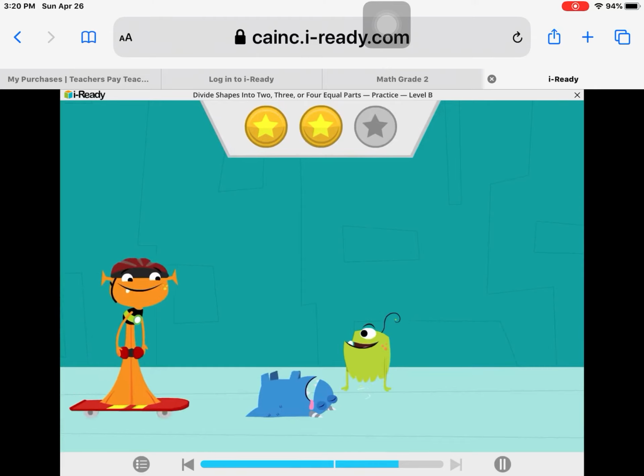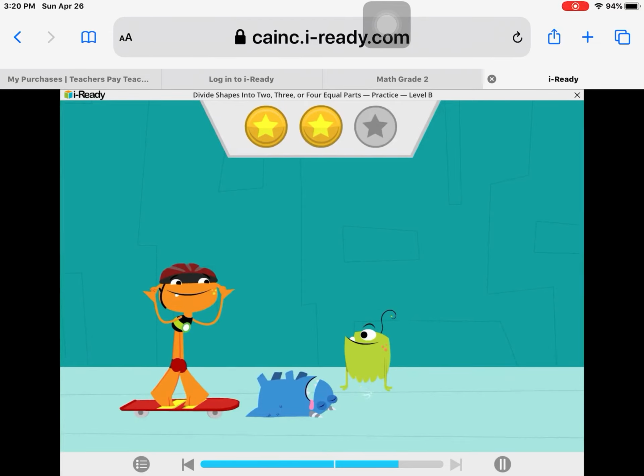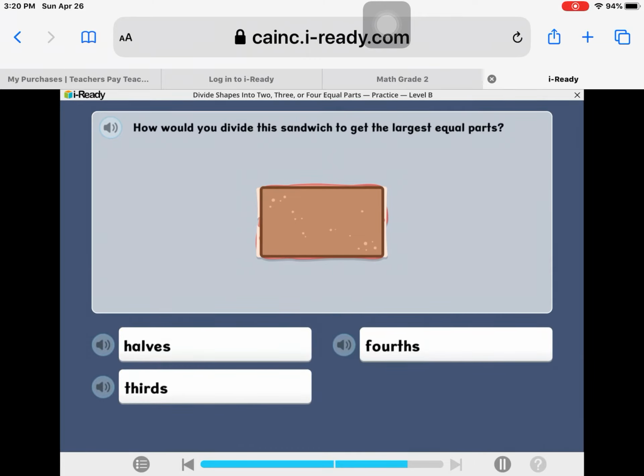Super awesome! Bet I can make it super duper ridiculously awesome if I keep trying even more. How would you divide this sandwich to get the largest equal parts? Well done! Divide the sandwich into halves to get the largest parts.